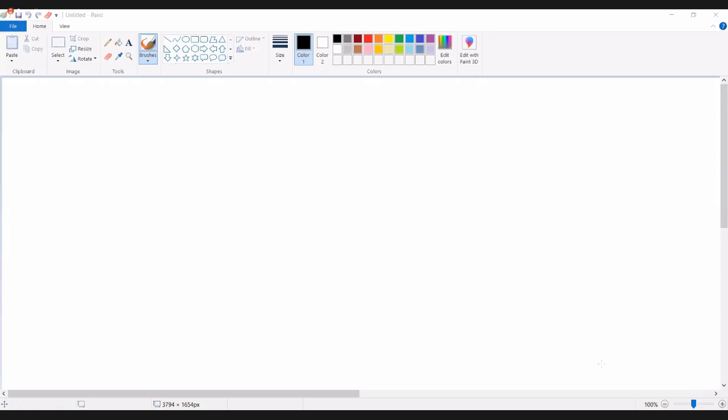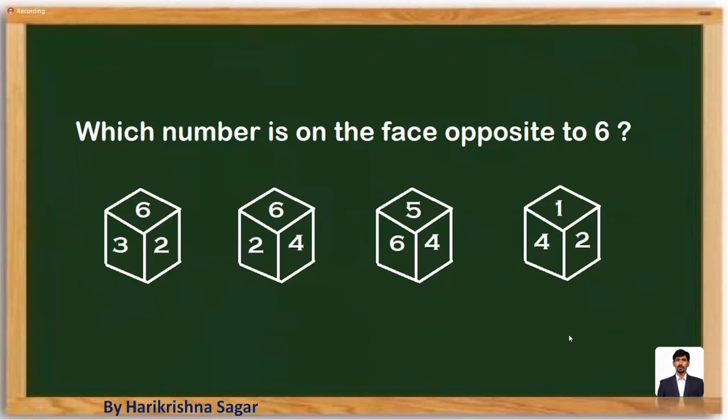So you are able to see the question which is projected like this. They are asking us to find out what is opposite to the face 6.